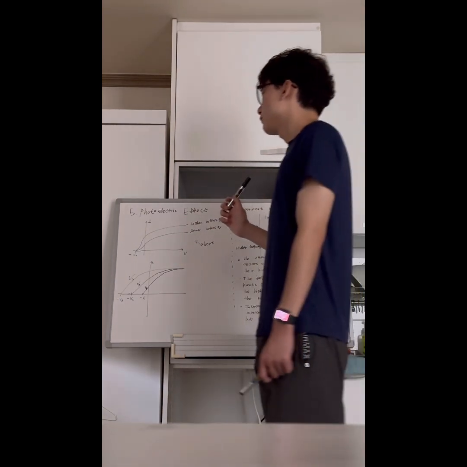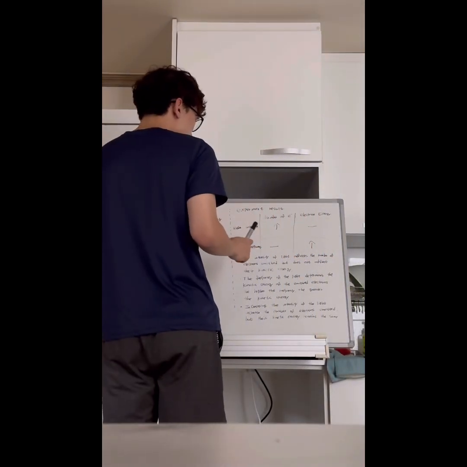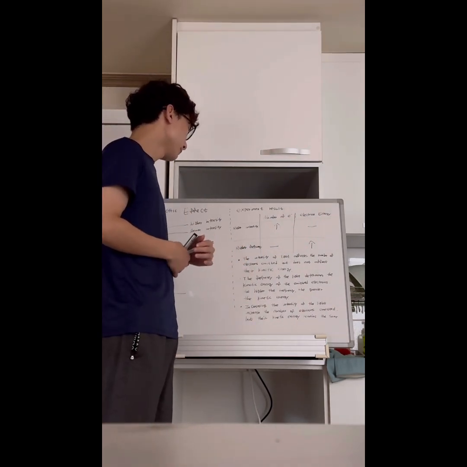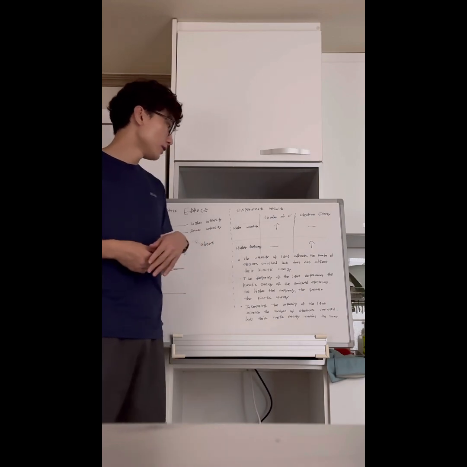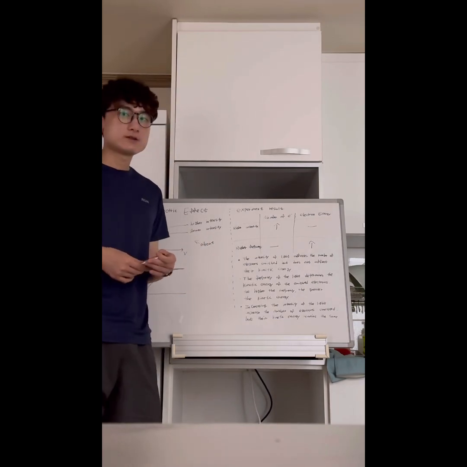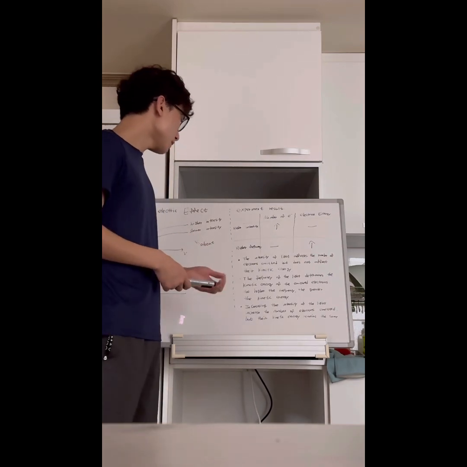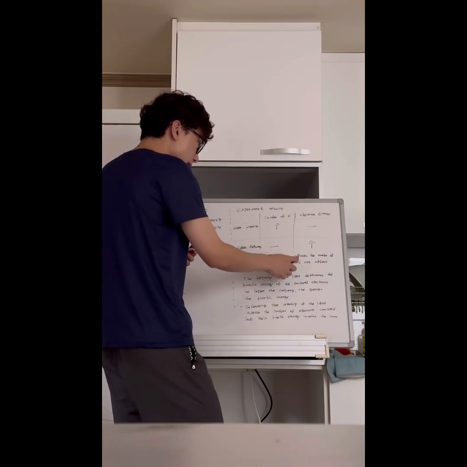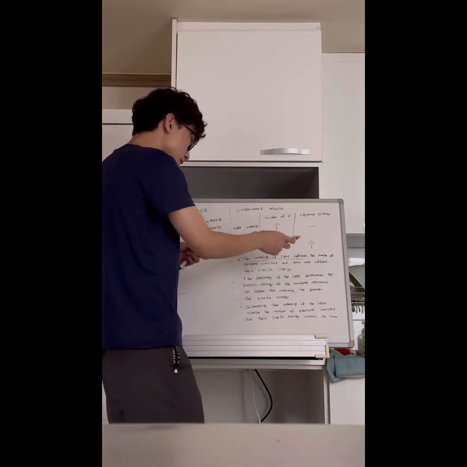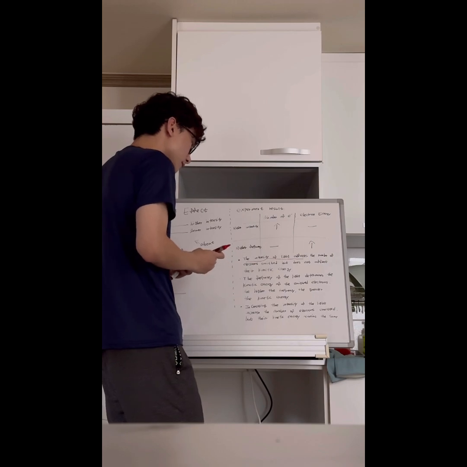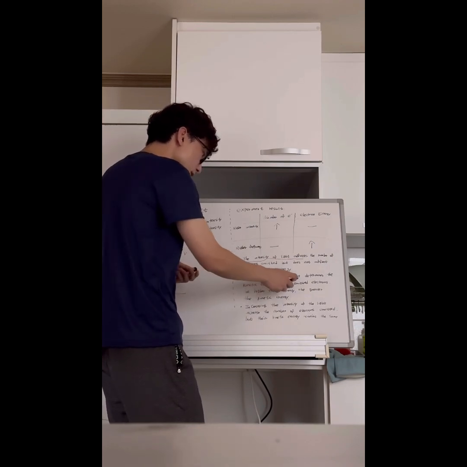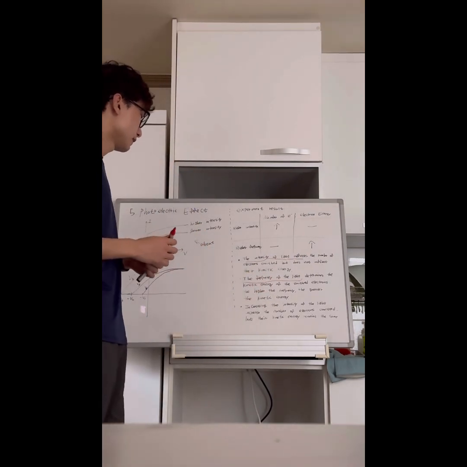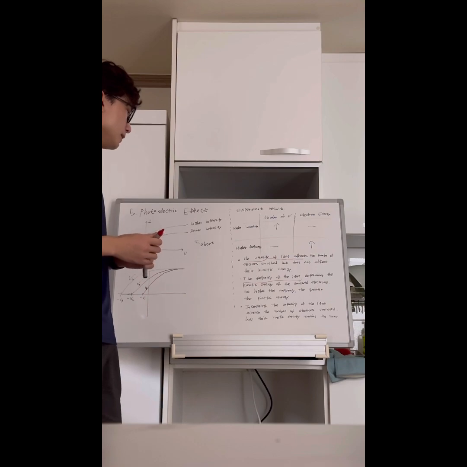So we have the result. Intensity of the light affects the number of electrons emitted, but does not affect their kinetic energy. The frequency of the light determines the kinetic energy of the emitted electrons.